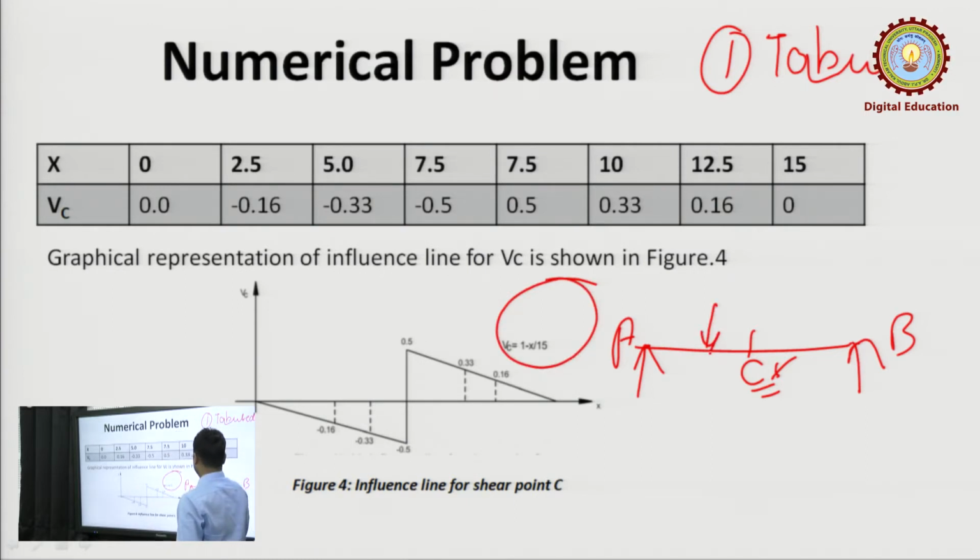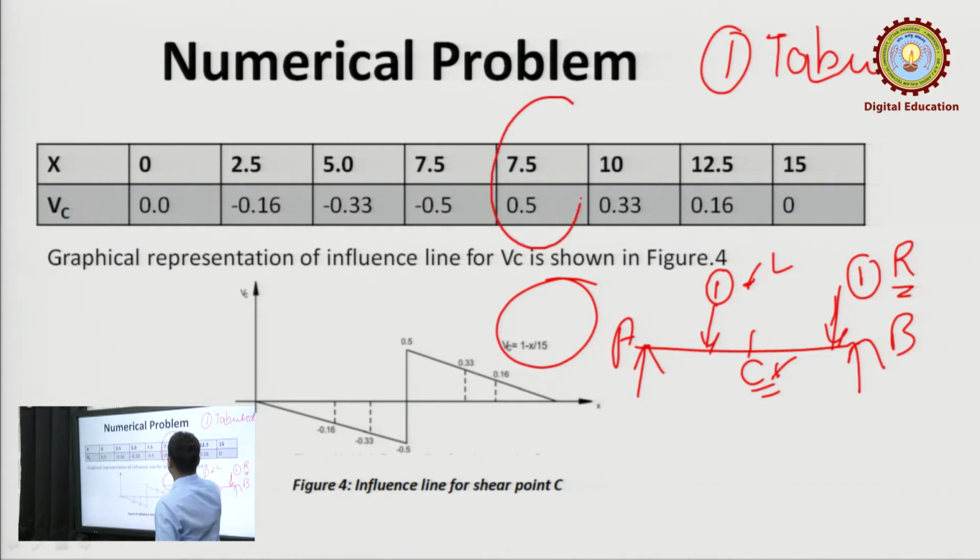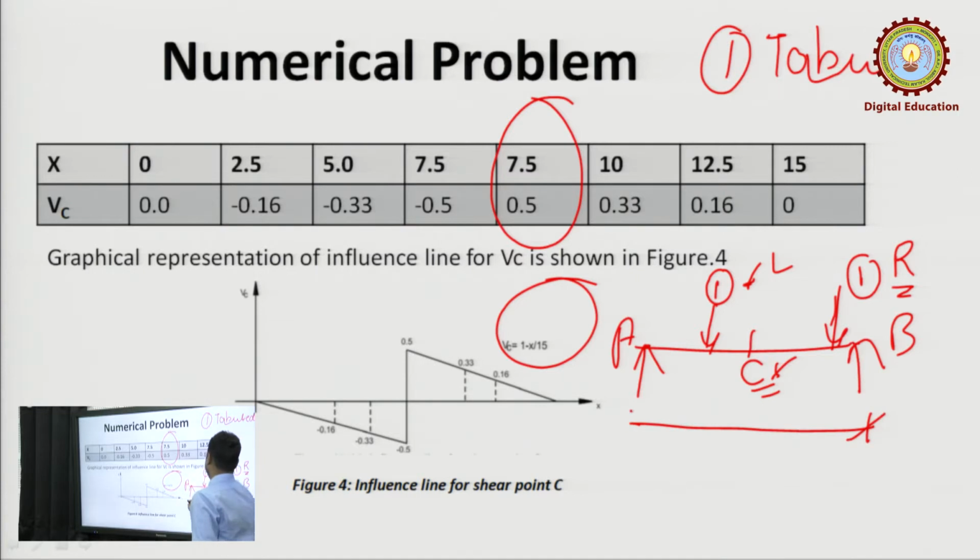A unit load 1 is working on the left side and then on the right side. The span is 15 meters, so half of it is 7.5 meters.